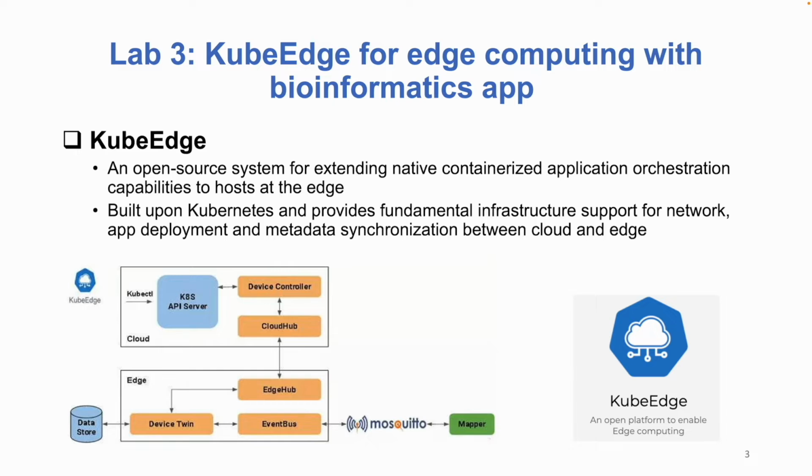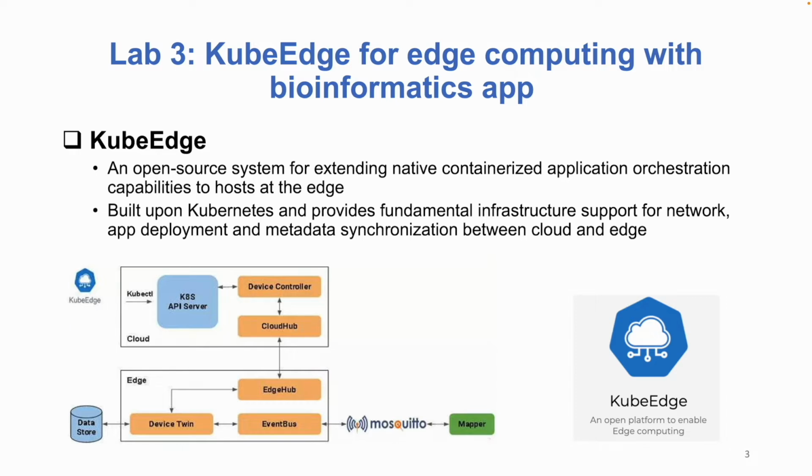First, I'll briefly introduce KubeEdge. KubeEdge is an open source platform that enables edge computing within a Kubernetes cluster. With this KubeEdge system, you can create host machines not only in the cloud, but also on the edge side, which could be either a laptop or some IoT devices attached to your machine.